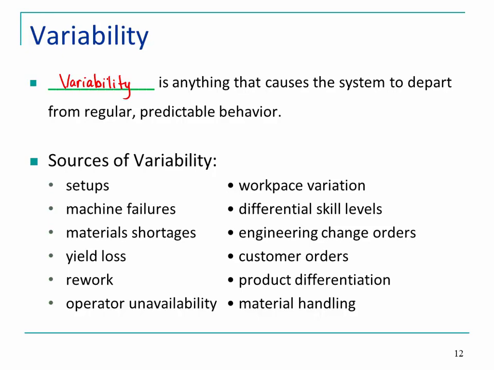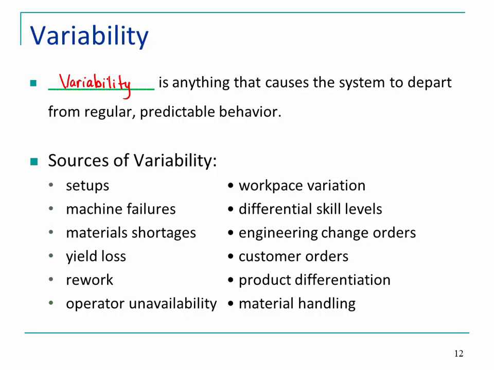Machine failures, material shortage, so you don't have enough to run your production for that day. Yield loss, rework, operator unavailability, workspace variation, differential skill levels, engineering change orders, customer orders, product differentiation, and material handling. And those are just few of the things that can happen that can increase your variability in the process.